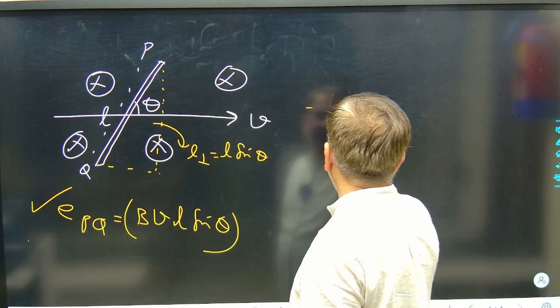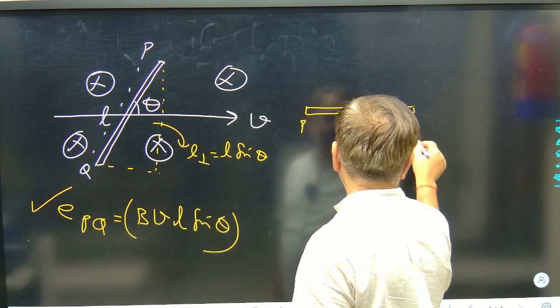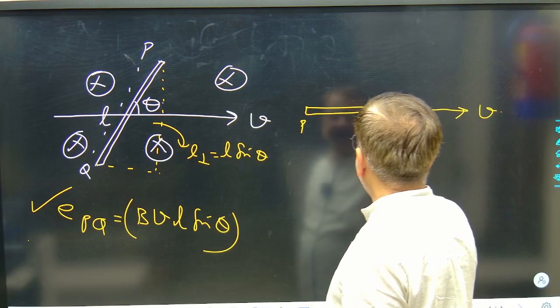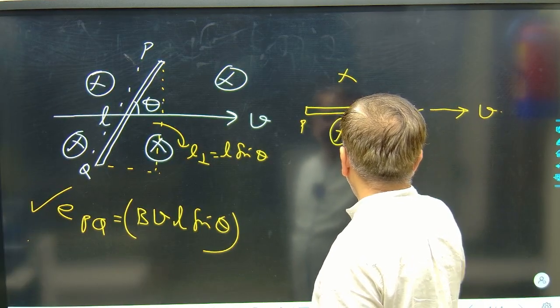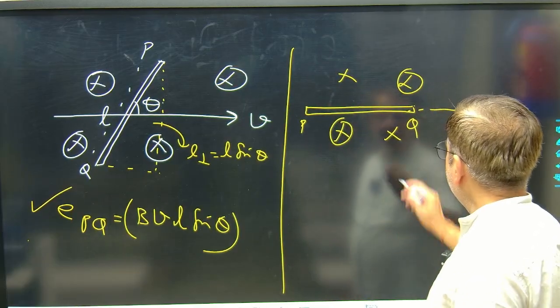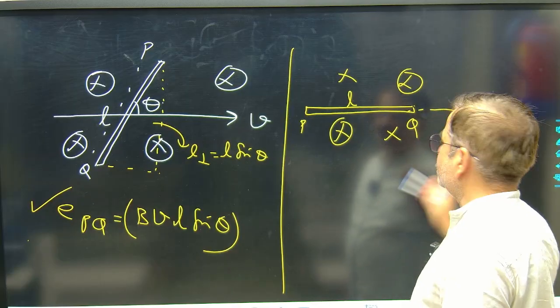Suppose I say the same rod, say like this PQ, it is P and Q. It is moved with velocity and length in the same direction, and the magnetic field is like this. Other case I am taking. Now see, the length of the rod is in the direction of velocity.